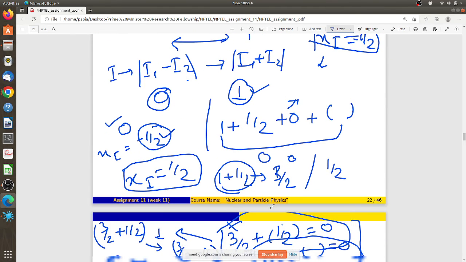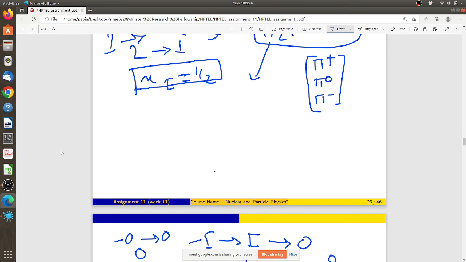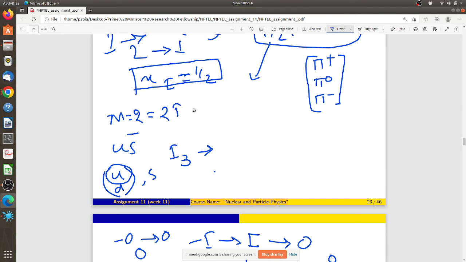Now coming to the I3 value. So what will be the I3 for U S bar? U and D were the family members and S was alone. So just tell me what will be the value for U I3. These two are family members, which means m equals 2. m equals 2 means 2I plus 1 equals 2.